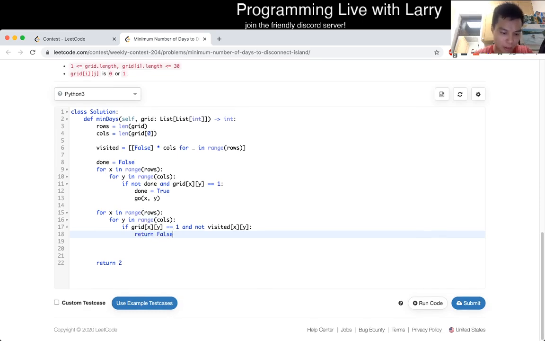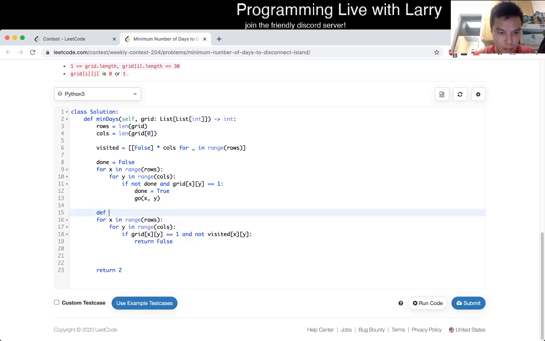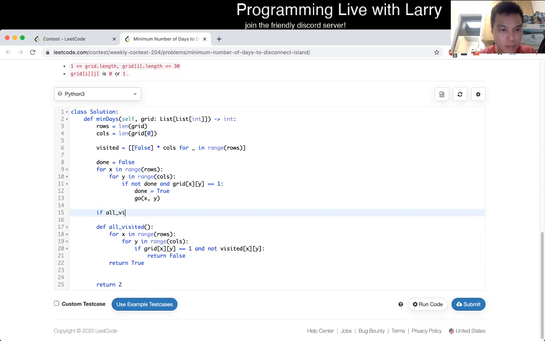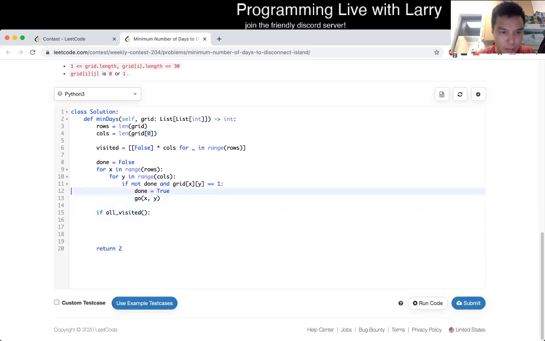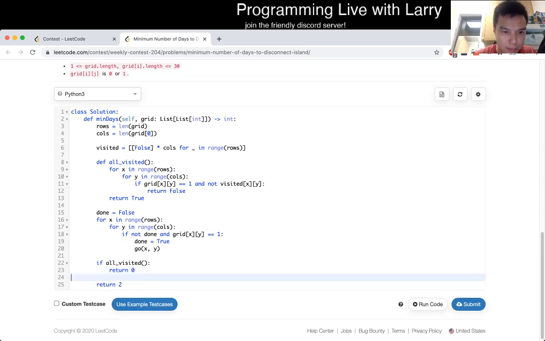It's not quite what I want, but once more visited, then return 1. Now let's return 0 because we don't need to do anything.